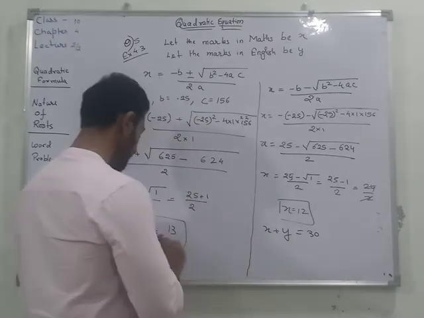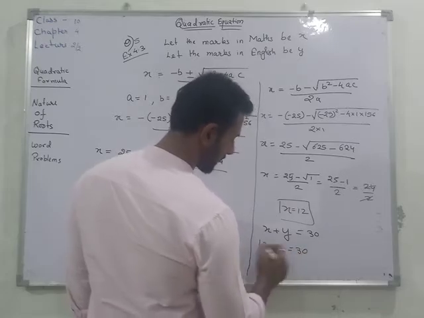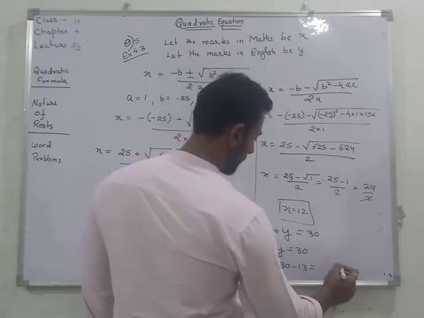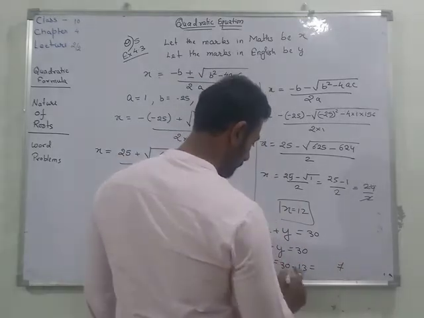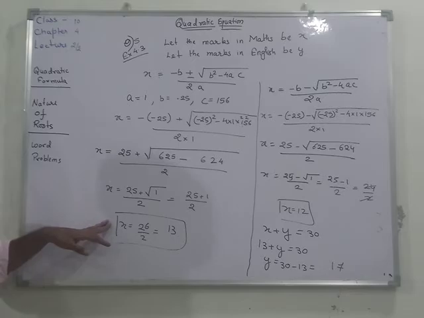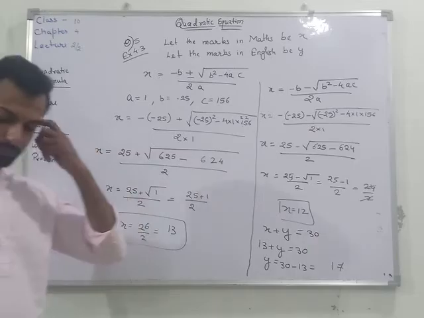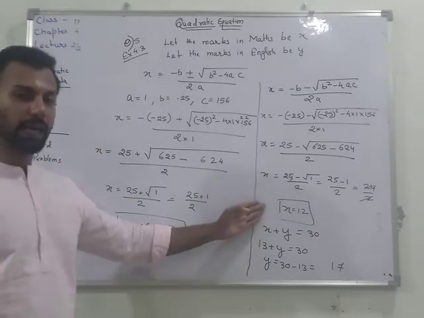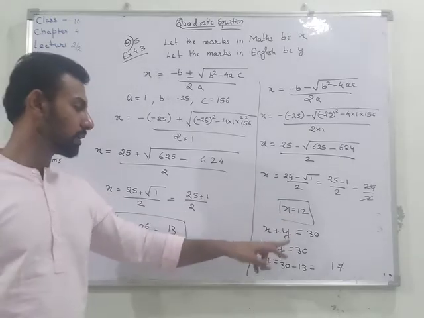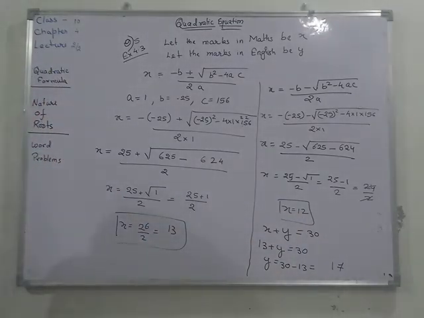Taking 13 marks, 13 plus y is equal to 30, so y is equal to 30 minus 13, which is 17. So in English, if she gets 13 marks in mathematics, she will get 17 marks in English. Similarly, if she gets 12 marks in mathematics, she will get 30 minus 12, which is 18 marks in English.